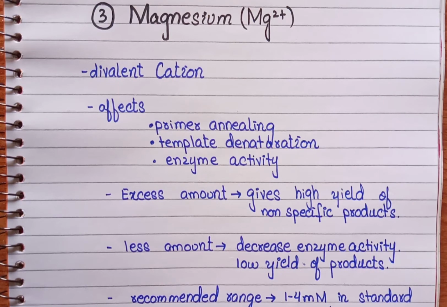Now let's see what the effects are when we use an excess or a lesser amount in the laboratory. An excess amount gives a high yield of non-specific products, but a lesser amount decreases the enzyme activity and also gives a low yield of product. So in the laboratory we use the recommended or standard concentration, that is 1 to 4 millimolar. So that is all about magnesium.